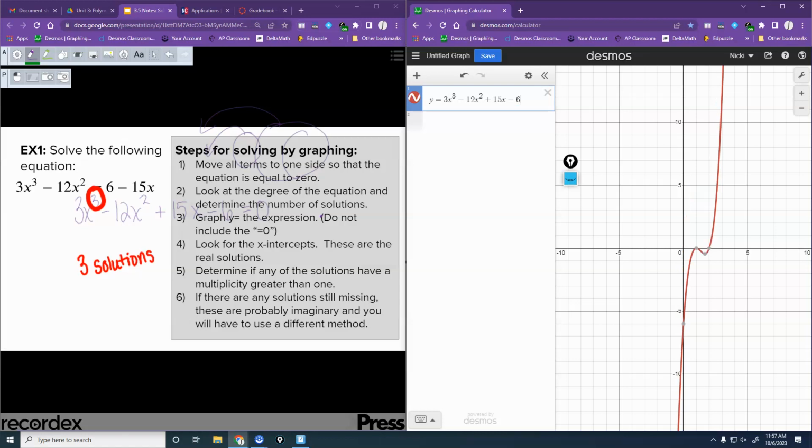Don't put the equals 0 at the end for this, because we just want to graph this as a function, not with the equals 0 on that. If you put equals 0 there, it's not going to graph it. If you do it without the y and put equals 0, it will graph these as vertical lines, which can be used, but I like to do it this way better.